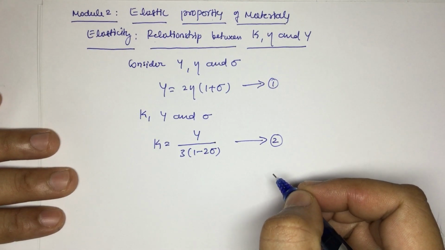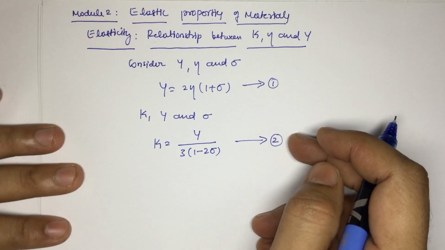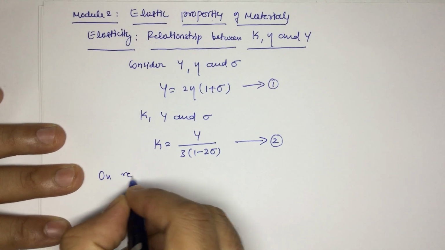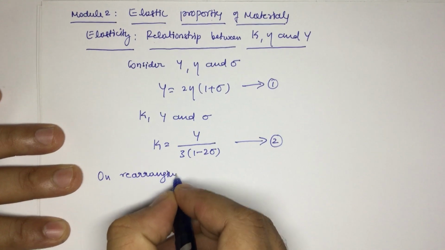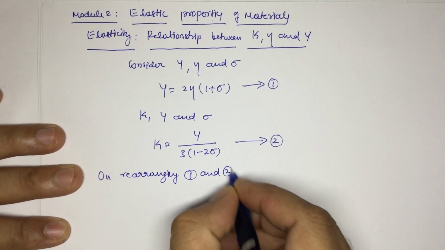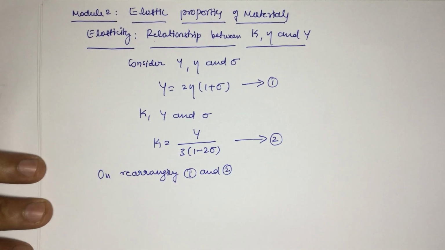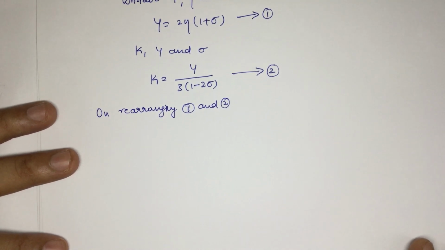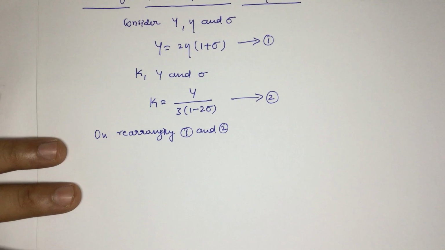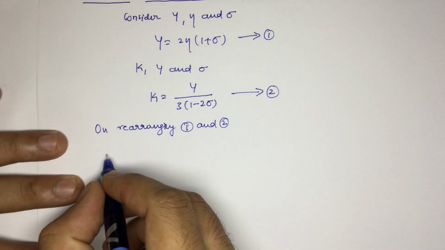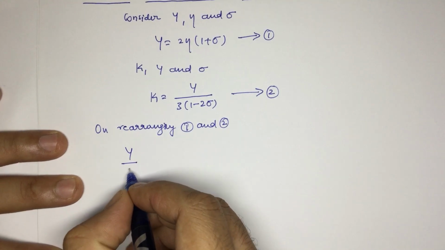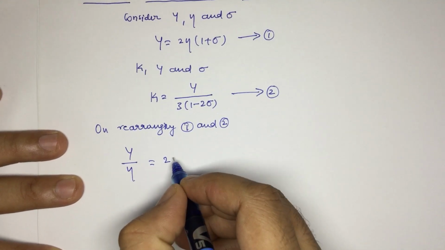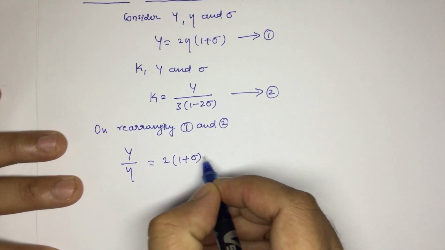Now we will rearrange equation 1 and 2. Y divided by eta, I am cross multiplying eta to LHS, and in the RHS 2 remains as it is with 1 plus sigma.